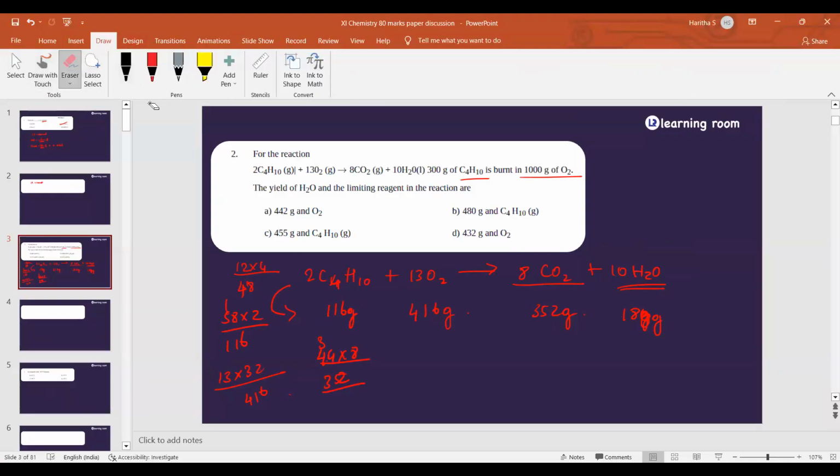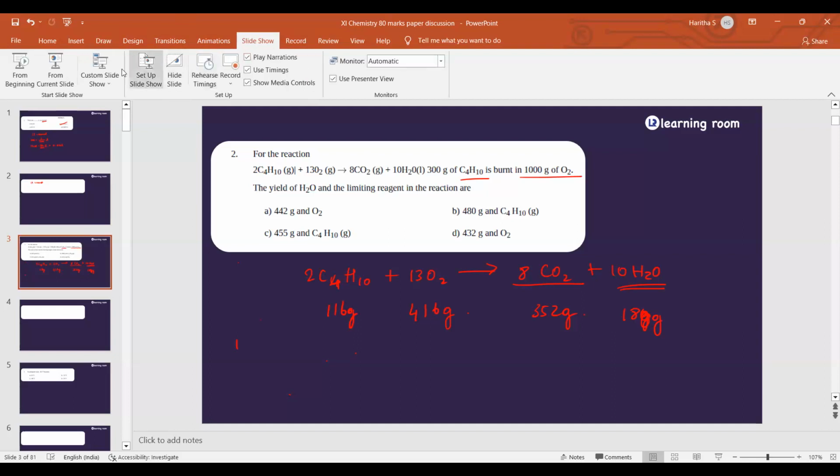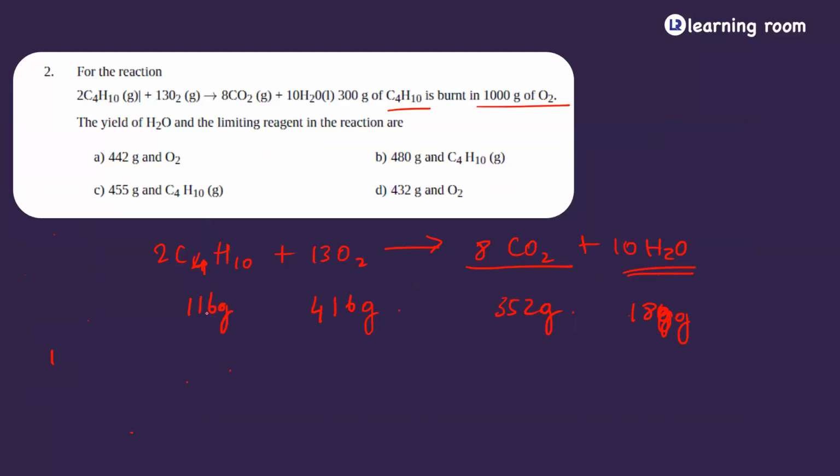Who is reacting now? 300 grams of C4H10 is reacting with 1000 grams of O2, correct? So 300 grams of C4H10 is reacting with 1000 grams of O2. So what is the mass of water formed?